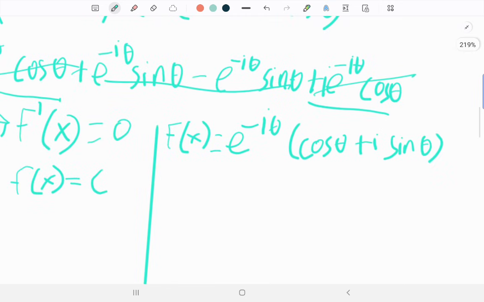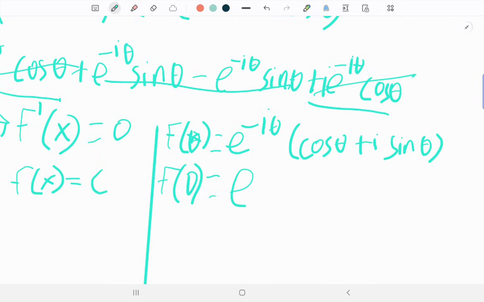Let's use one of the simplest angles for theta. Let's use 0 since it's the smallest value possible.